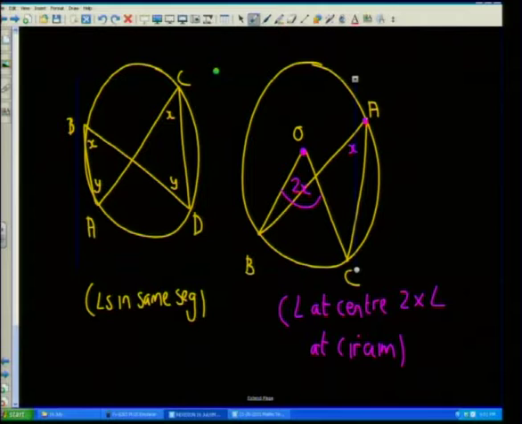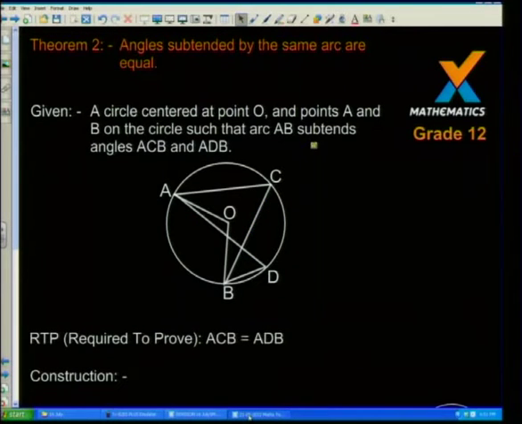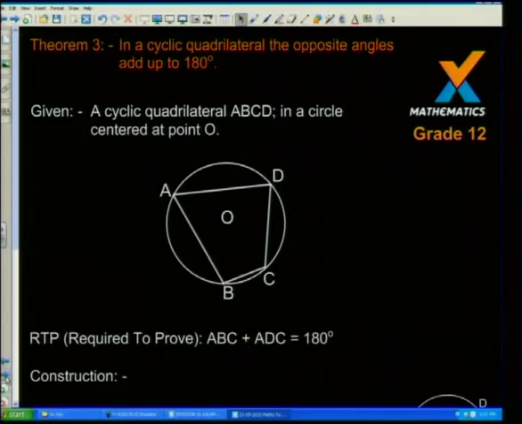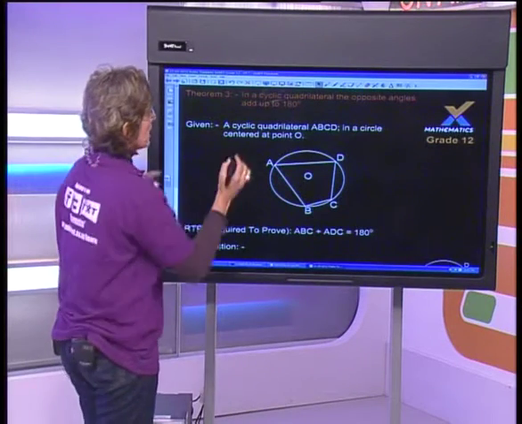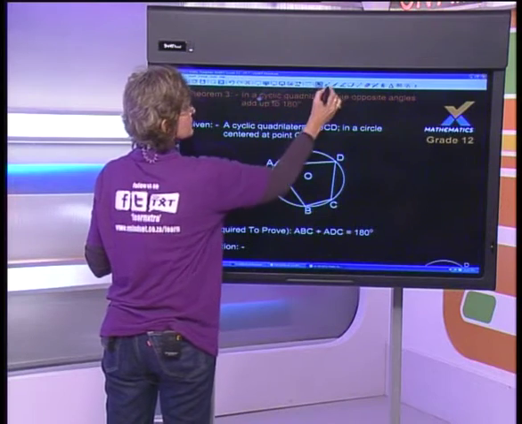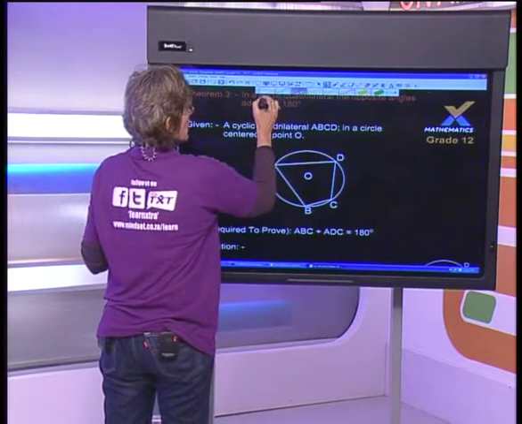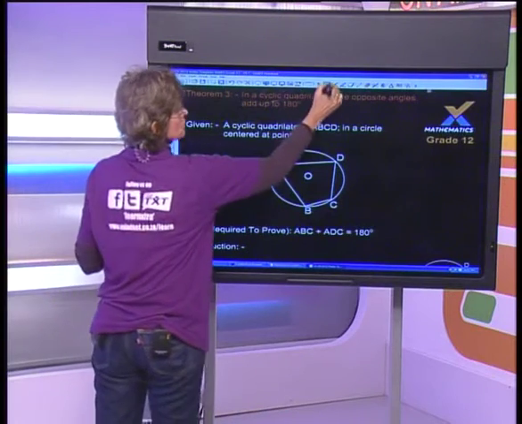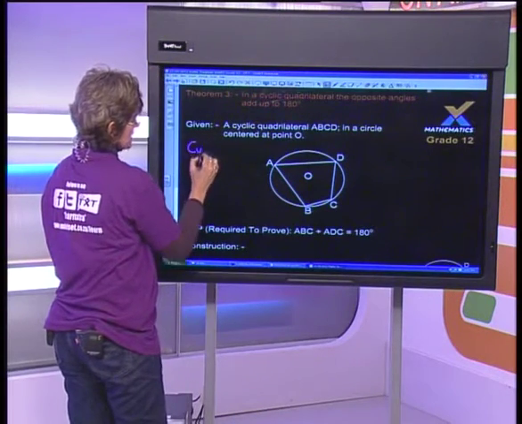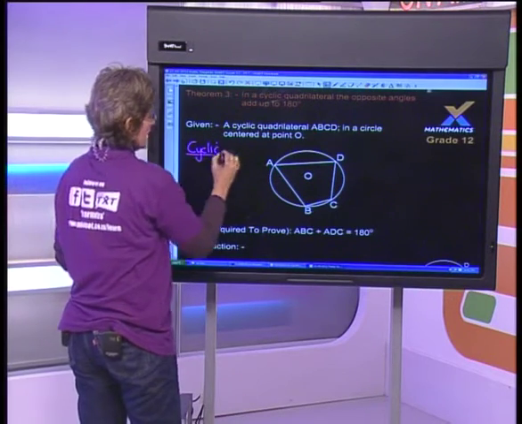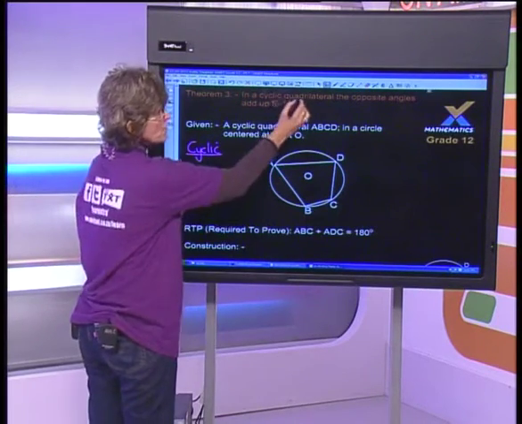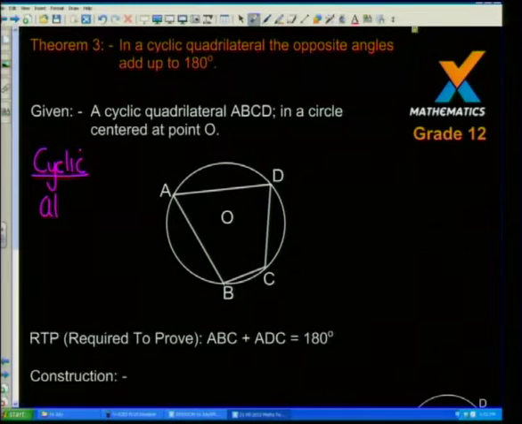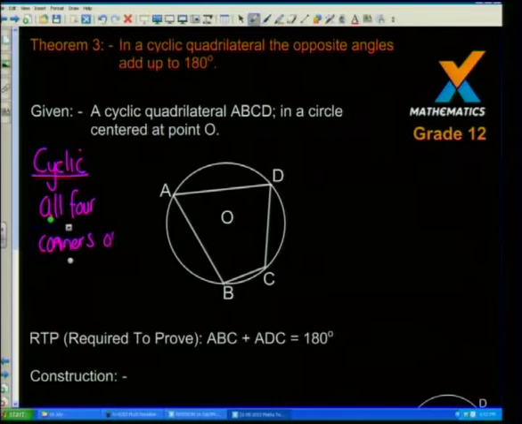Okay, right, we're now moving on to the next body of theory, which is all about cyclic quads. Now, this is a new word for you, cyclic. Cyclic means that you've got a quadrilateral with all four corners on the circumference of the same circle.